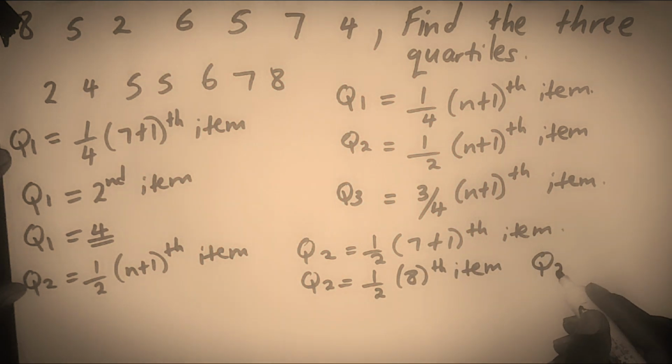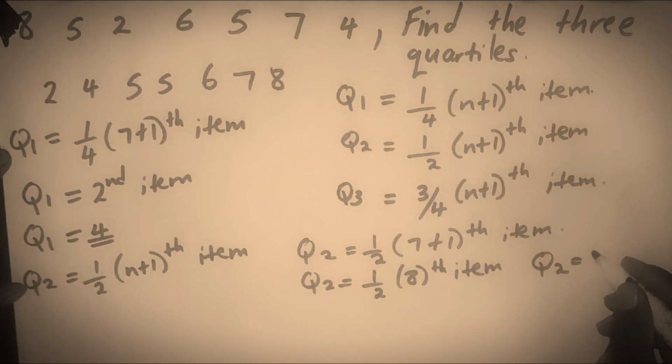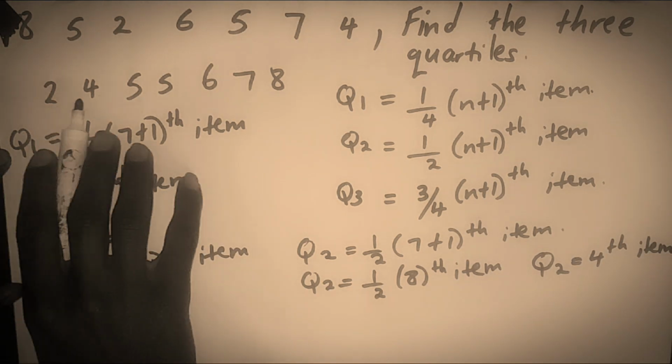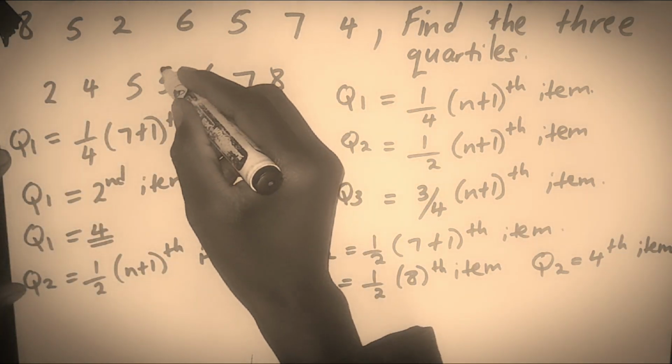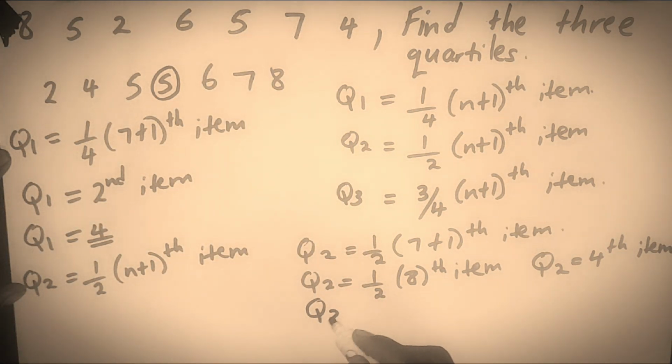Half of 8 is 4, so we get the fourth item here. We come to our numbers and count 1, 2, 3, 4. This fourth item is the second quartile. So our second quartile is equal to 5.